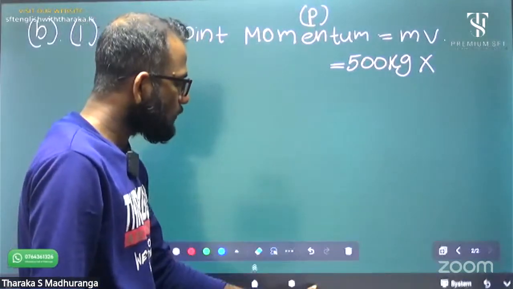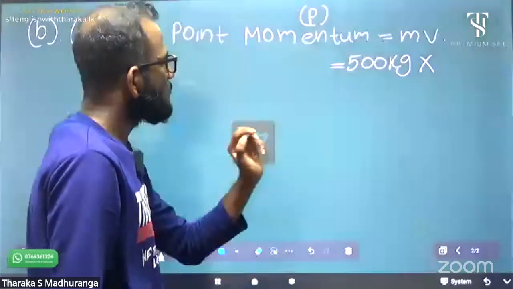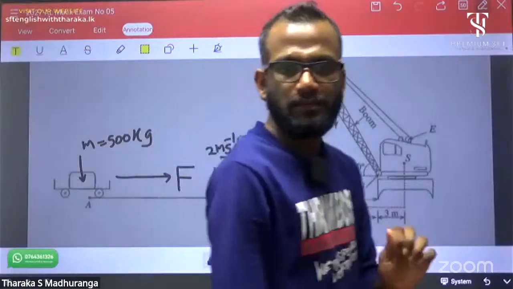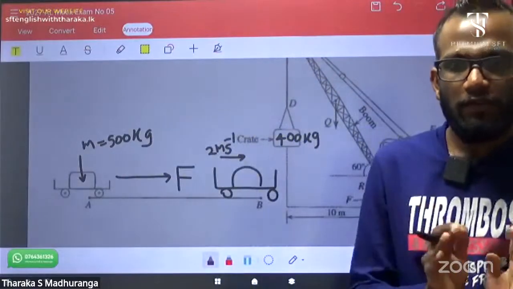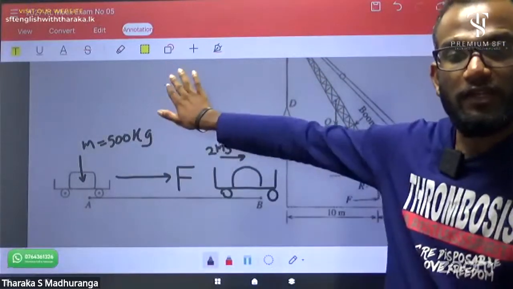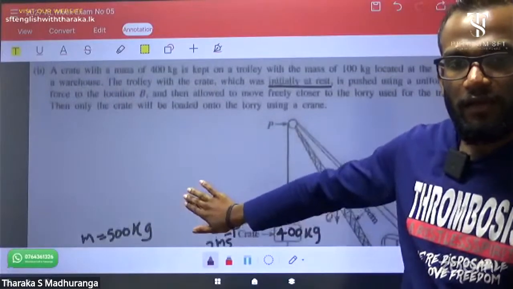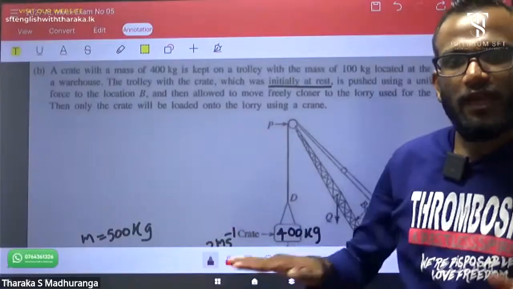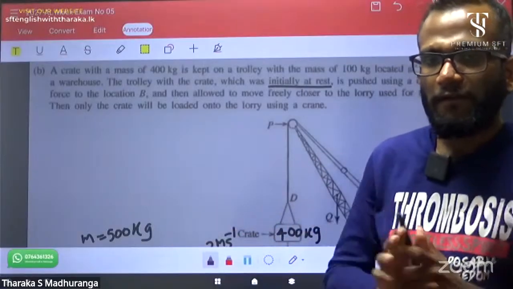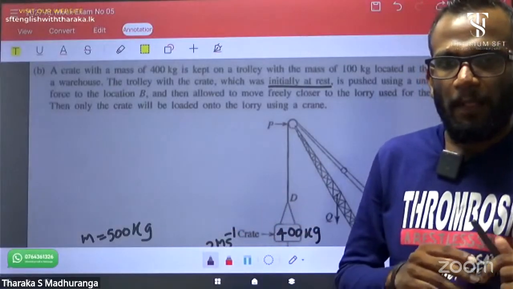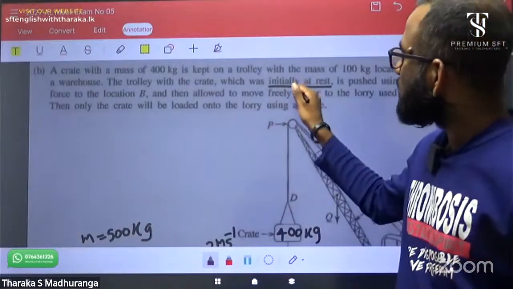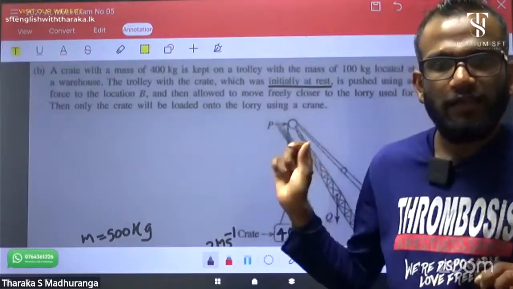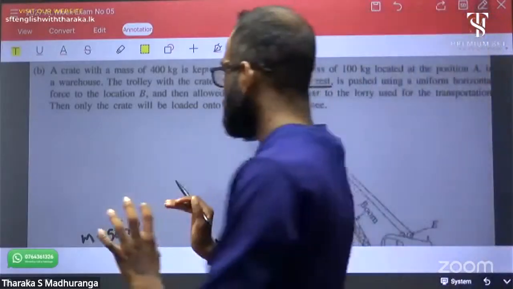What is the initial velocity? The starting velocity? It is given. I have highlighted it. It is starting from rest. Then what is the initial velocity? 0.